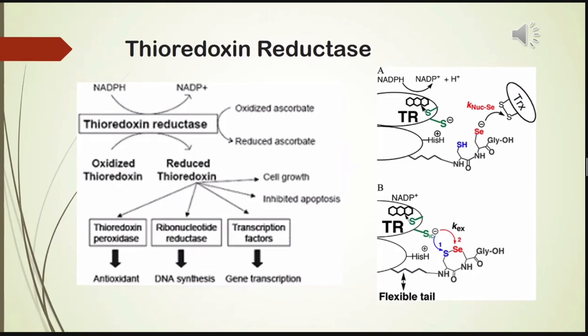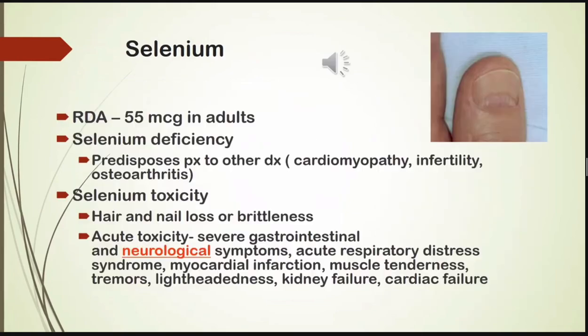Reduced thioredoxin is then able to form thioredoxin peroxidase, ribonucleotide reductase, and other transcription factors. The figure on the right shows you where exactly the selenium is located in thioredoxin reductase.